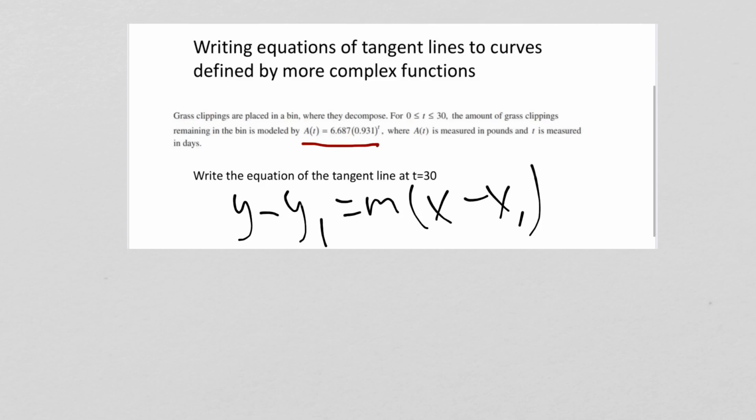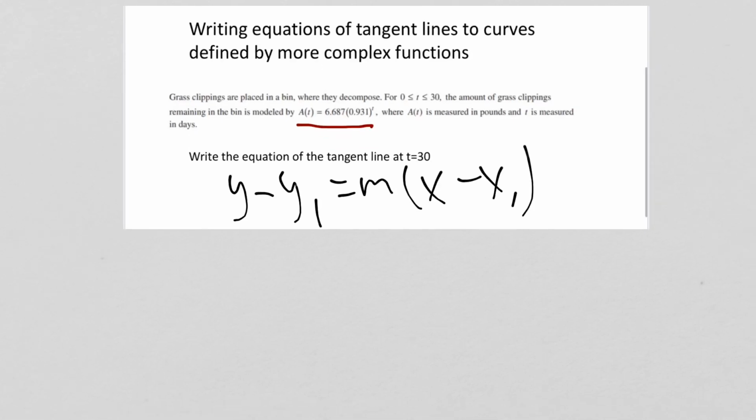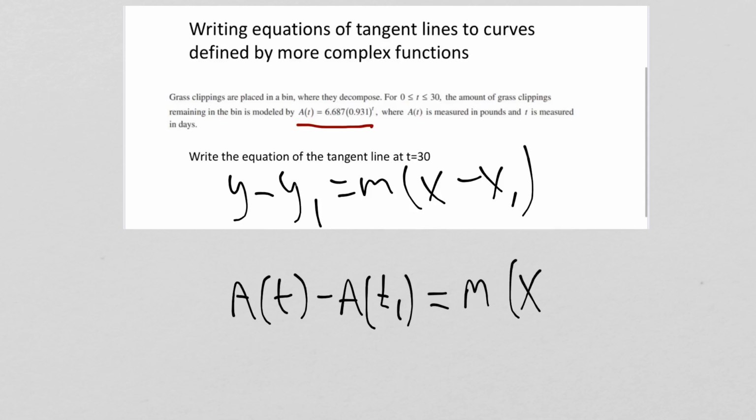But in this case, t will be our independent variable, right? So really we should write this as a of t minus a of t1 equals m times t minus t1, if we're going to be technical.